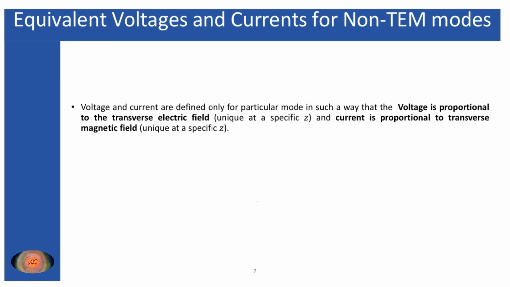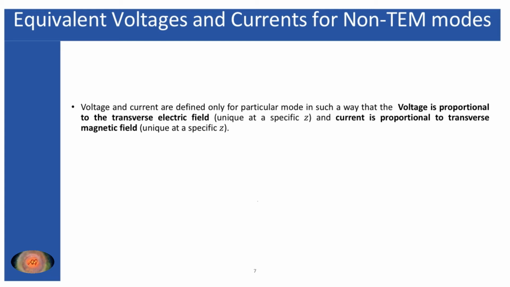Let's try to find out the equivalent voltages and currents for non-TEM type modes. In order to do that, we first have to consider a particular mode, because a waveguide, that may be a rectangular waveguide or a circular waveguide, can support different types of modes, but when you are interested to find out the model of those devices applicable in the microwave regime, we first have to define that the model will be applicable for a particular mode.